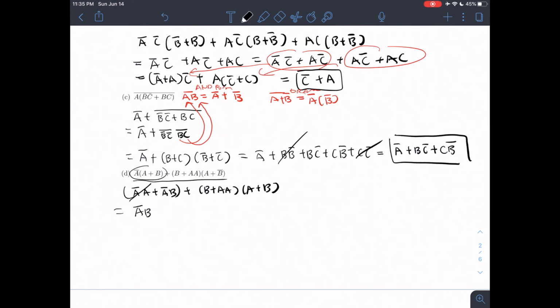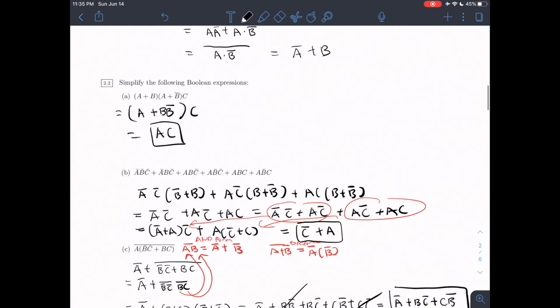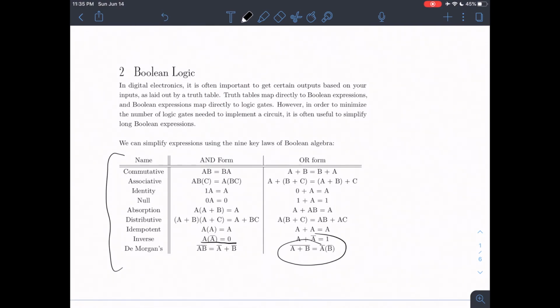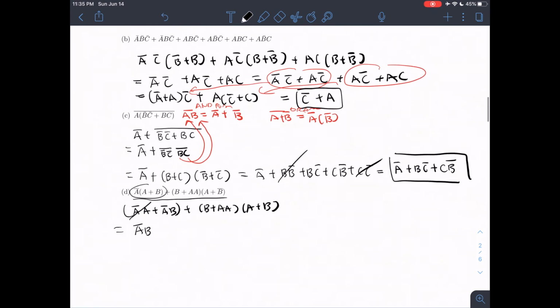And similarly, we know that AA is going to be equal to A. So this just converts to A. So we get B plus A and A plus not B, because this is not B. That was my mistake. I miswrote in the beginning.